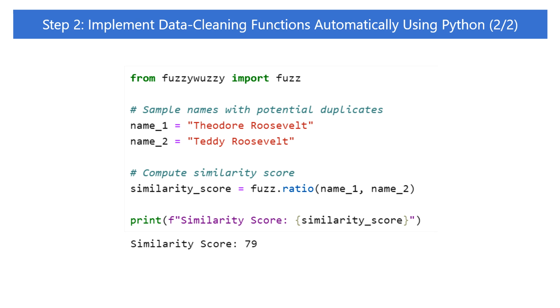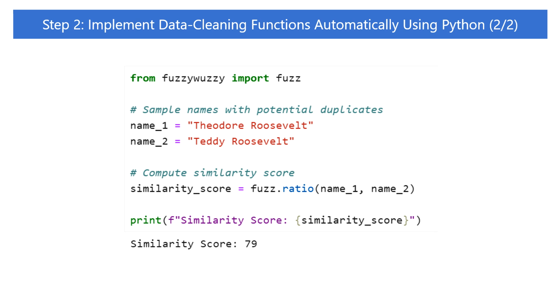The names Theodore Roosevelt and Teddy Roosevelt are given as input. The fuzz ratio function computes the string similarity percentage by measuring how many character edits are needed to match the two names. The computed similarity score is printed, indicating how closely the two names resemble each other.